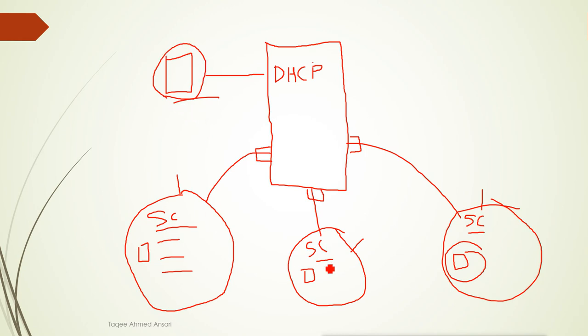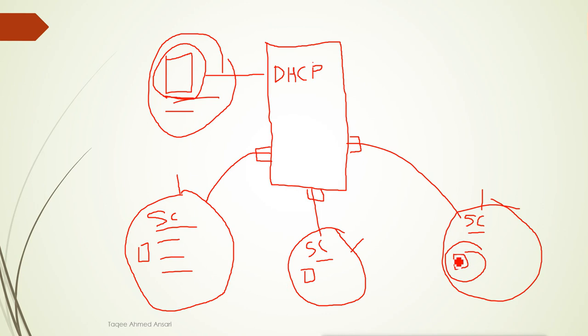These are different subnets, but they are under the same domain and have the same DNS server. So we can configure the DNS server name, DNS server IP and also the DNS domain name directly in the server option, and that configuration will be the same for every scope, no matter how many scopes we have.